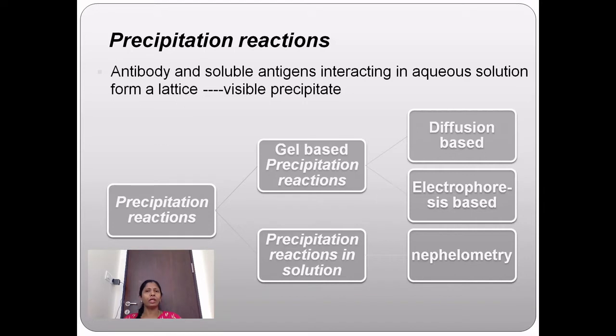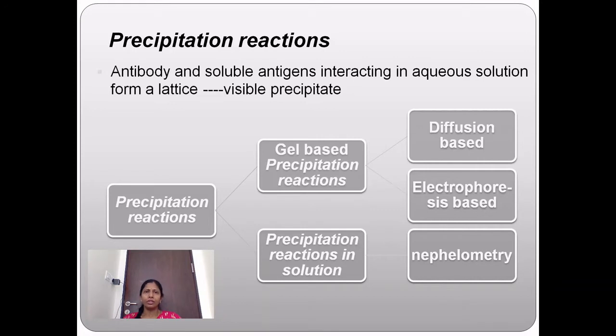Precipitation occurs when antibodies interact with soluble or free antigens in solution, forming lattices due to cross-linking of the antigens and antibodies. The lattices eventually lead to formation of visible precipitate. Precipitation reactions between antigens and antibodies can occur either in solution or in gels.